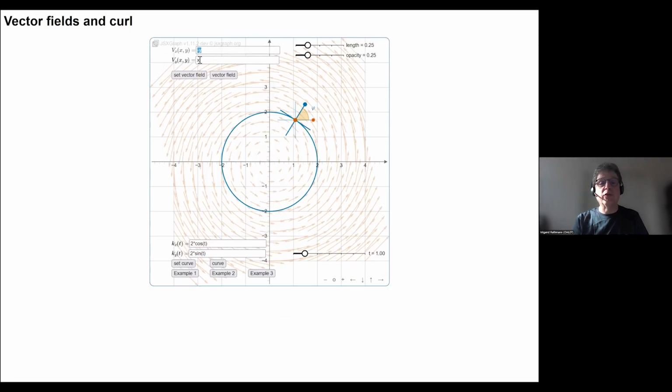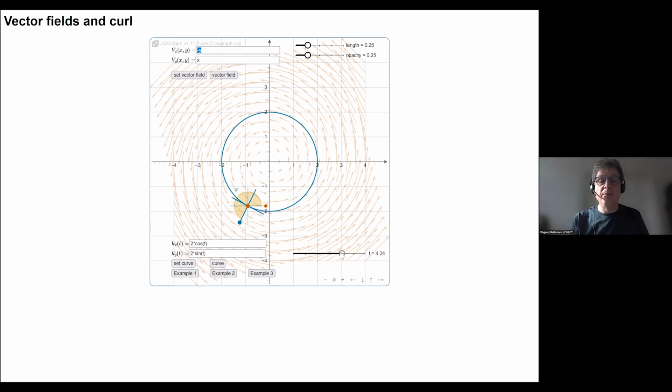So this we will see in the next example. Here we have this vector field. And if I start at the initial point (2, 0), and I go around this curve, we will see at the end, one time around the circle, we will have one rotation about us.